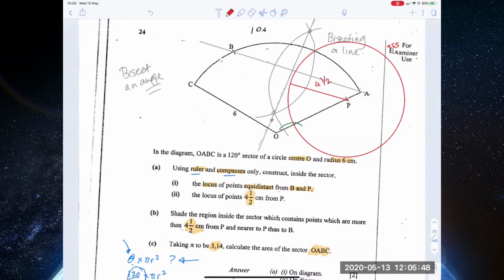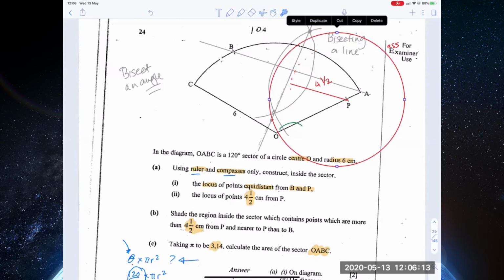Do you see that? So you're just drawing around here, but you want what's inside here, and the locus of points equidistant from P. It means that all these points here are equidistant from P. Now let me make it a bit bigger.